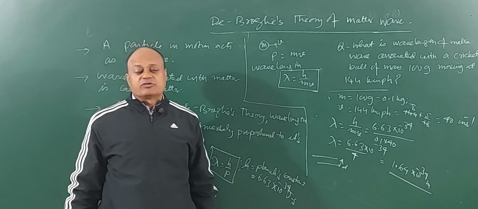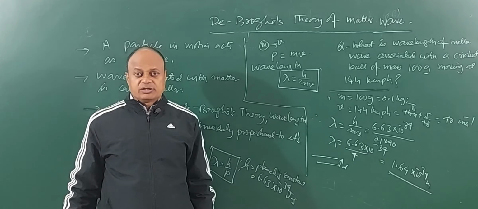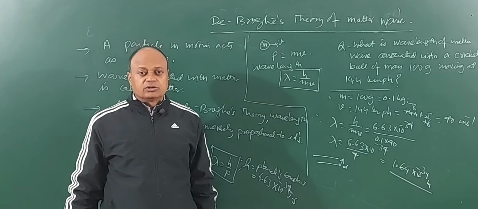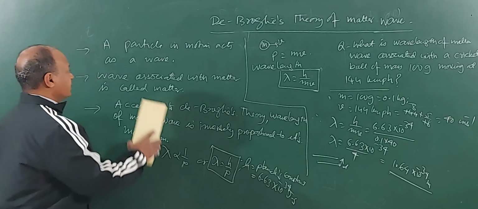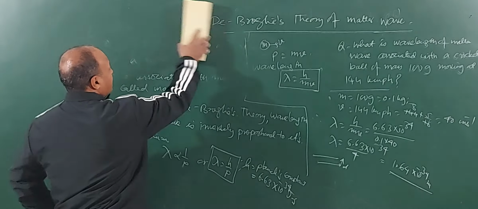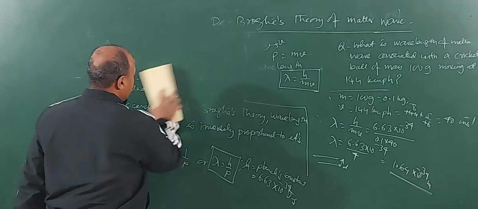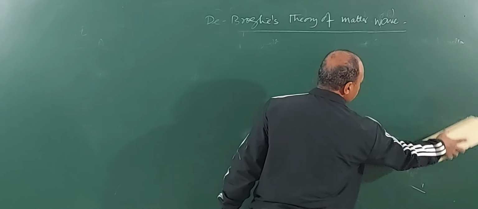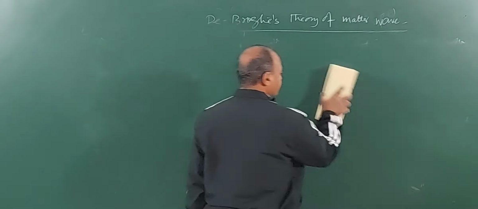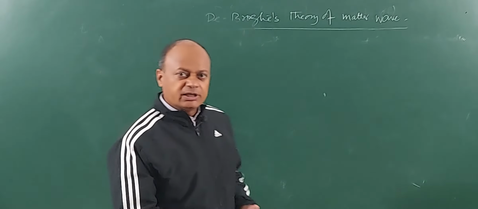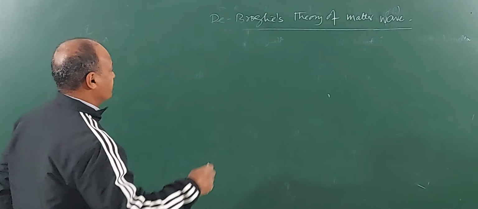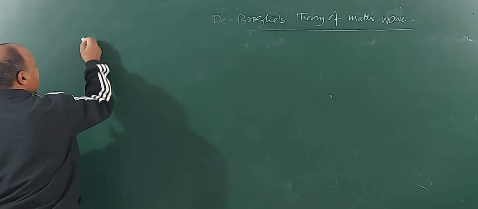I will be showing the shortcut formulas that we can use. Okay. So, we will now be discussing the next topic, that is how we can calculate the wavelength of matter wave when kinetic energy is given and in case of an electron when potential difference is given. Okay. So, this formula is important, make sure you remember. We will be doing these special cases.